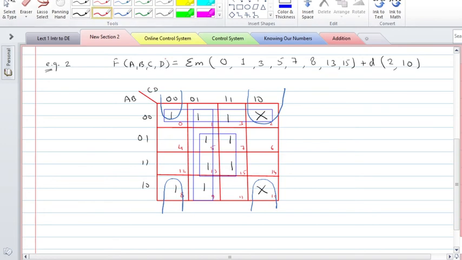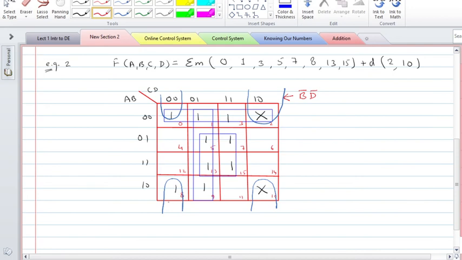So writing the function for each group, first one this one: for this group B is constant row wise, so B bar, and D is constant column wise, so D bar.